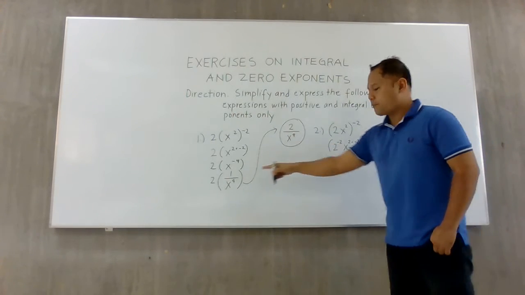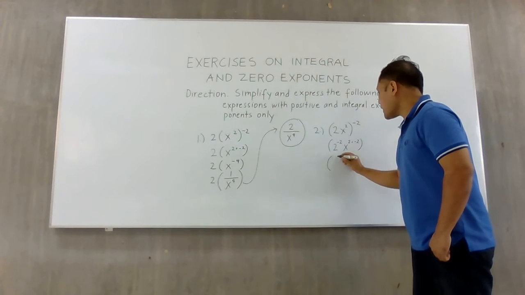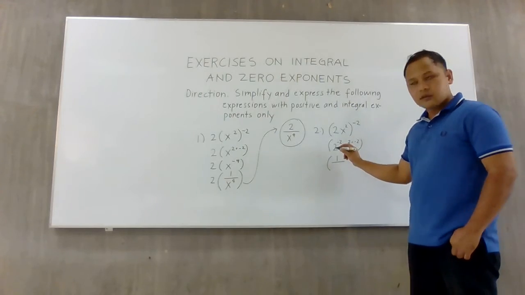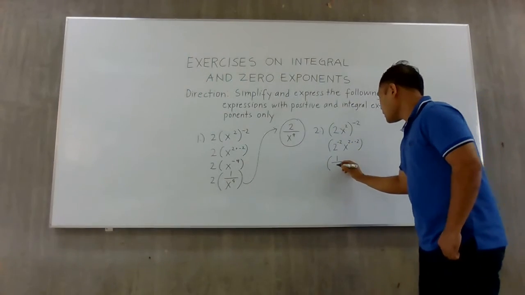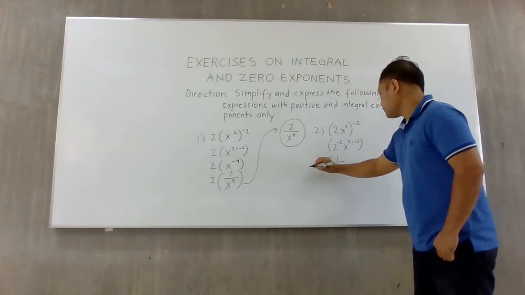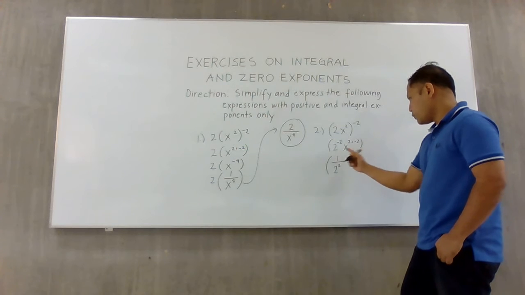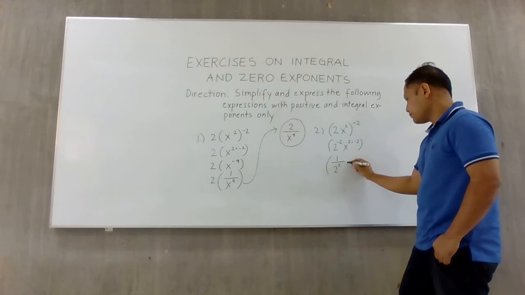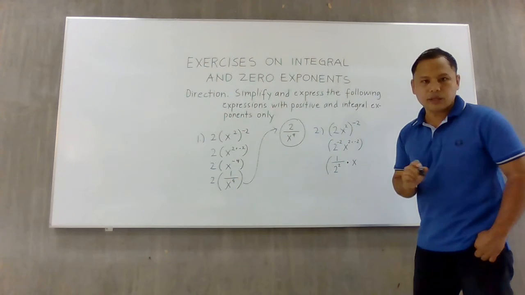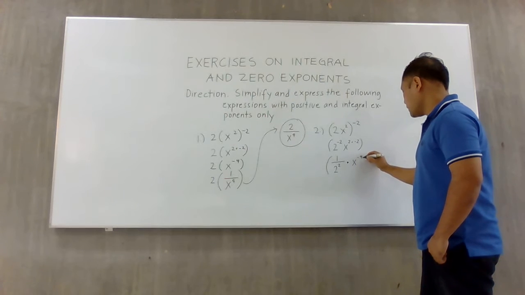So again, the same as the previous example, we reciprocate this one. We put 1 as the numerator and this down as a denominator, and we have 2 squared times x to the power of 2 times negative 2, which is negative 4.